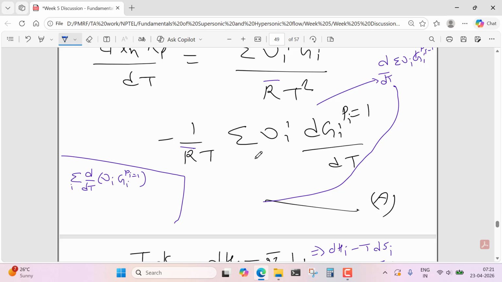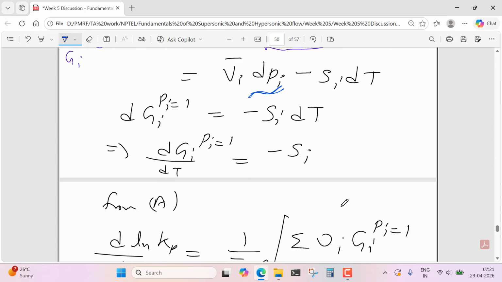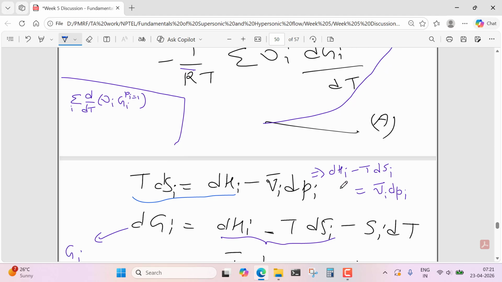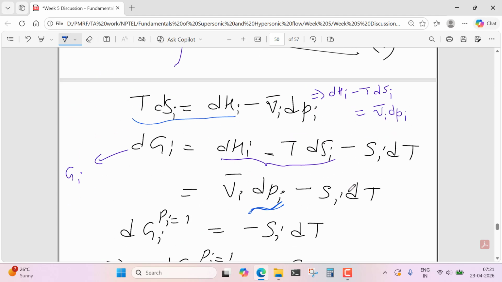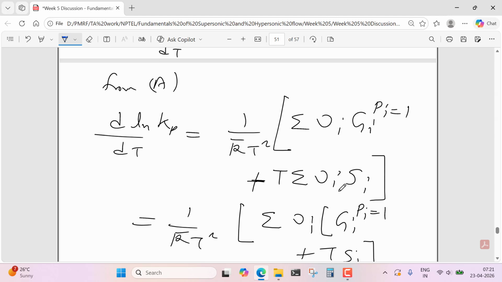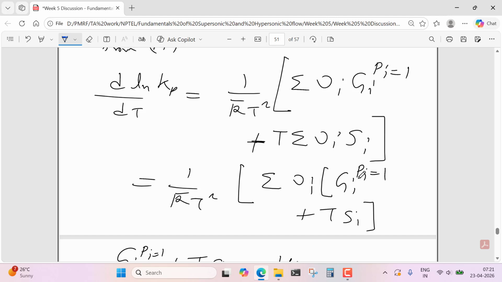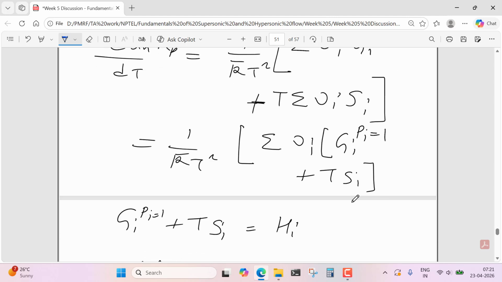So this negative will become plus. So it will be T, we have multiplied T because we have taken common 1 upon R bar T. So it will be T sigma nu i Si. Now these both are summations, so we can also write this as 1 upon R bar T square sigma nu i bracket Gi at Pi equal to 1 plus T Si.